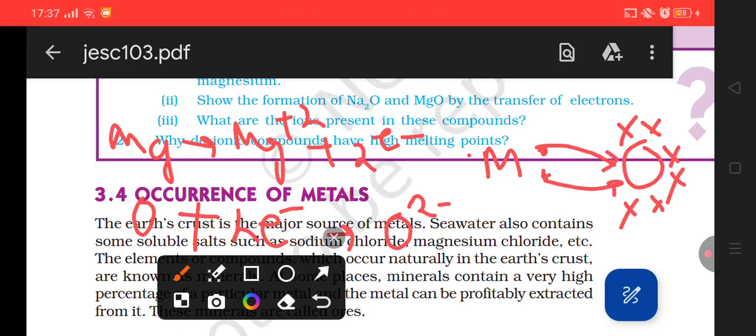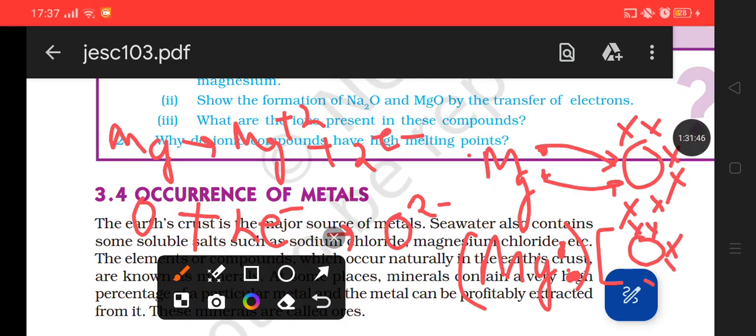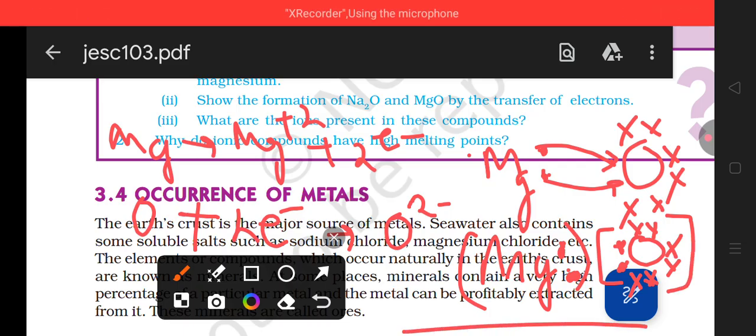Now it would become Mg 2 plus and O 2 negative, and like this your answer is written in examination.